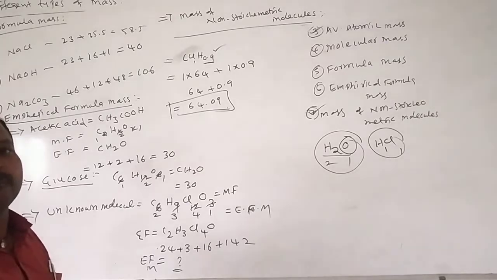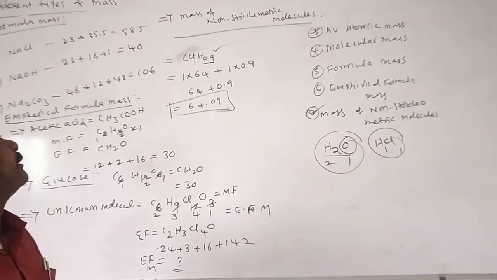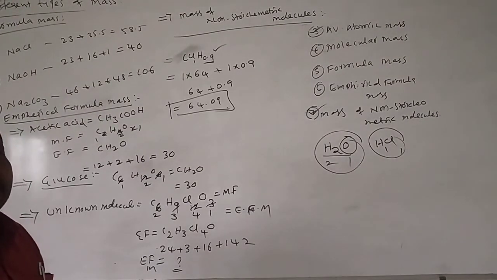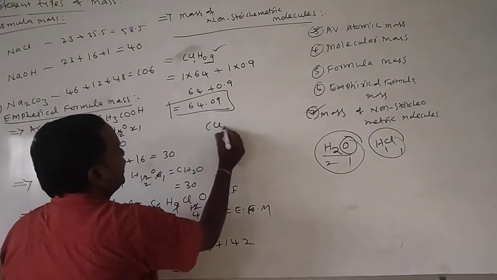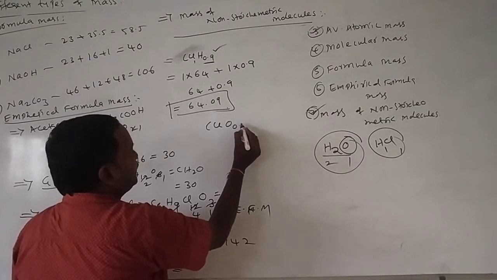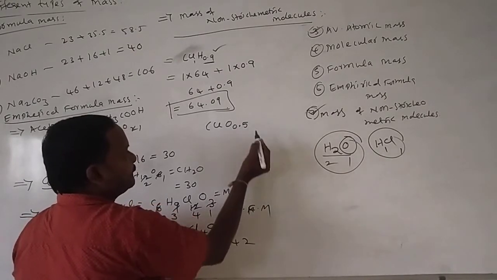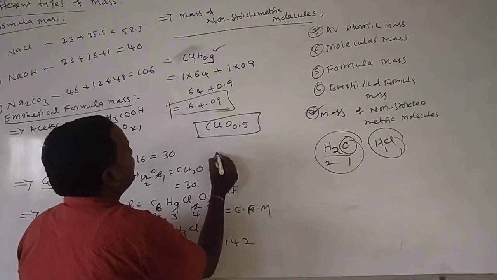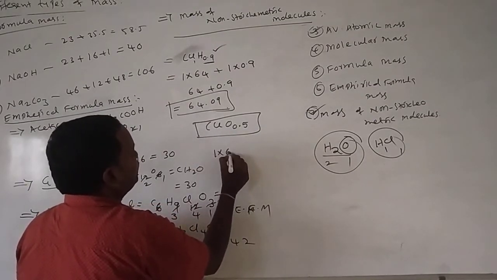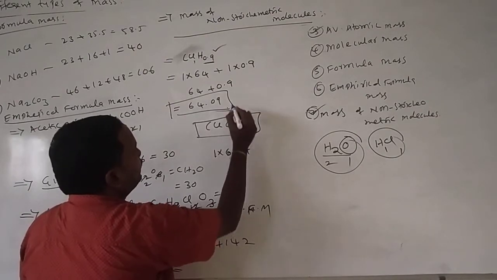What is the mass of that non-stoichiometric molecule? Suppose for example, copper with oxygen 0.5 is there. This is also a non-stoichiometric molecule. Here also I am taking 1 into 64 plus oxygen.